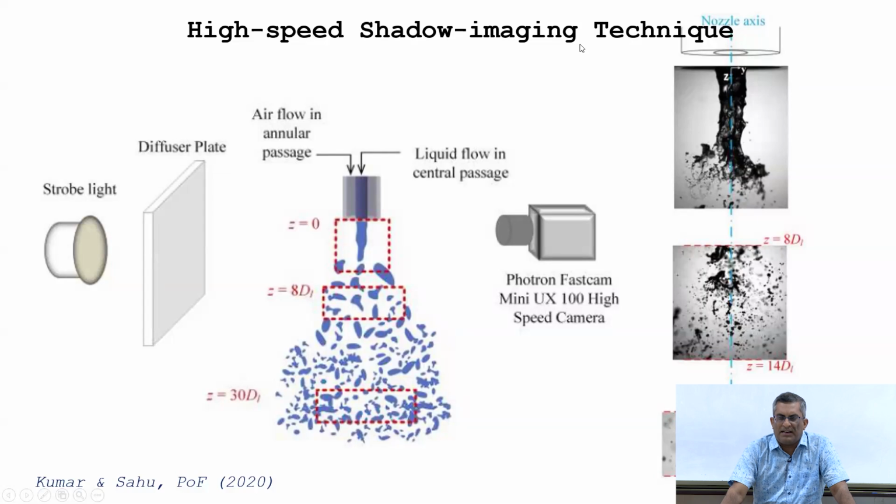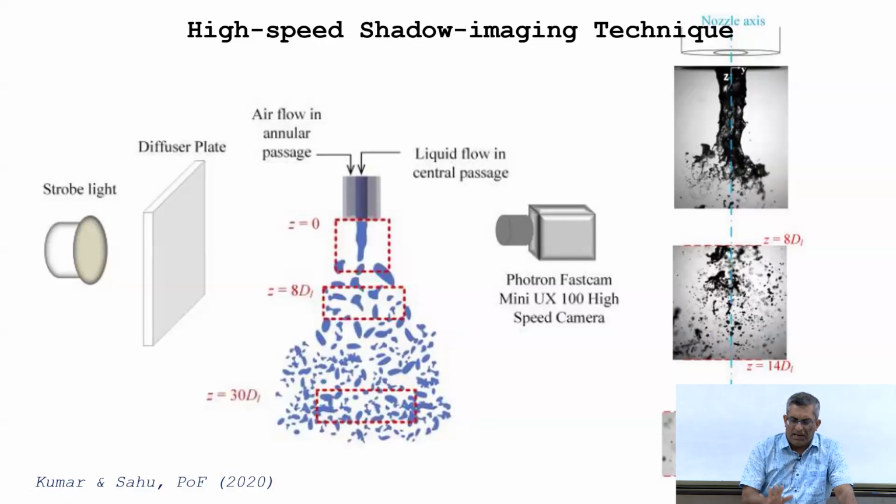Sometimes people call it shadowgraph technique also, but to differentiate this from an actual shadowgraph image, which refers to the double derivative of density in a flow, like in case of Schlieren, which gives us a single derivative. Similarly, shadowgraph in actual sense gives us a double derivative. However, here we are not referring to that.